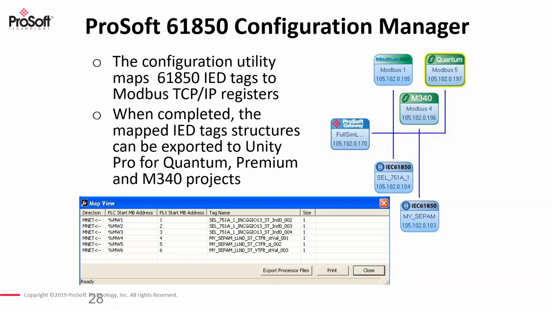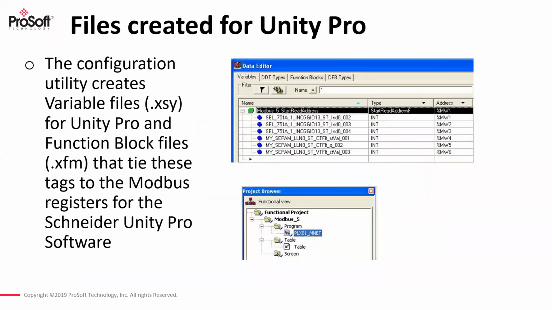Similar to the custom data mapping that we did with the Rockwell and Ethernet IP side, this Modbus to 61850 gateway will allow us to generate variable files for XSY and XFM function blocks that can be tied directly into a Schneider Unity Pro software environment.